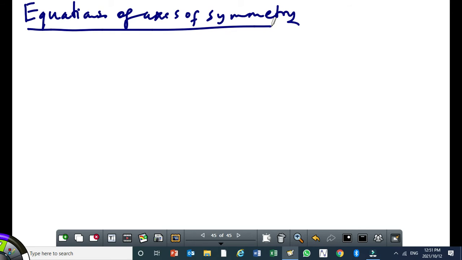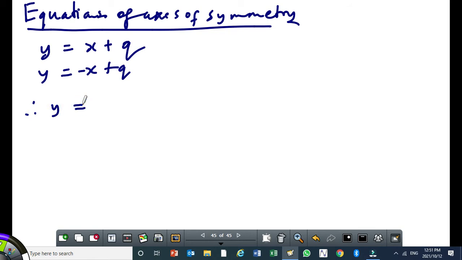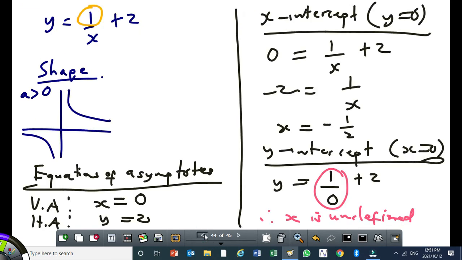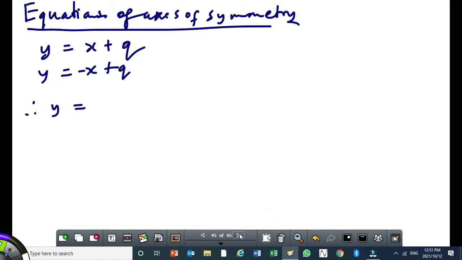Now, since this is a grade 10 function, the equations are y equal to x plus q. Okay, the other one is y equal to minus x plus q. Therefore, the one with the positive gradient is going to be, remember this 2 here, that's our q, so it will be y equal to x plus 2.